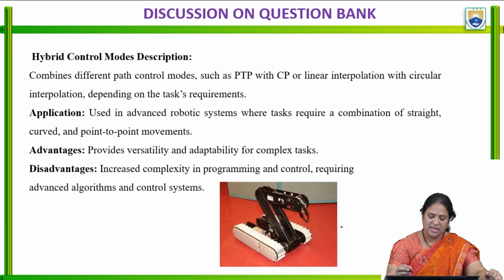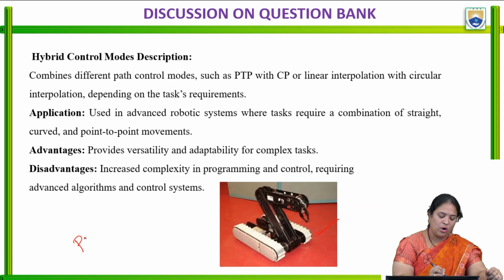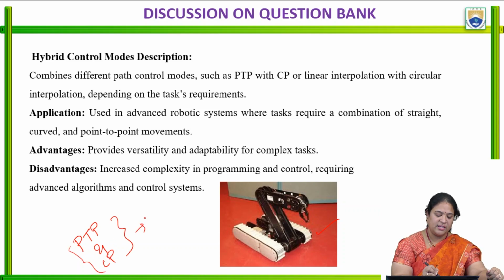Hybrid control mode means, as we can see in this figure, this robot is moving in a linear interpolation with circular interpolation depending upon the task. That is, it is the combination of both point-to-point and continuous path control. The combination of both is known as a hybrid control.